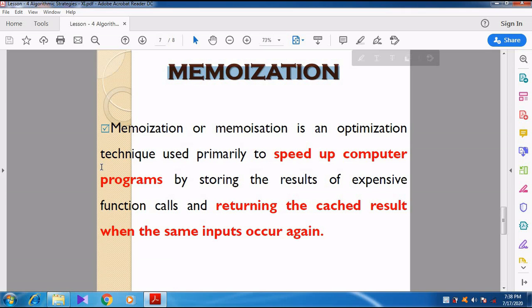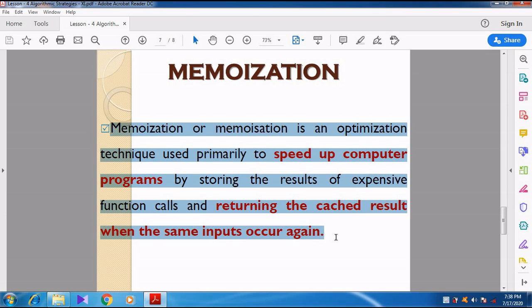What is memoization? Memoization is an optimization technique used primarily to speed up computer programs by storing the results of expensive function calls and returning the cached result when the same inputs occur again.